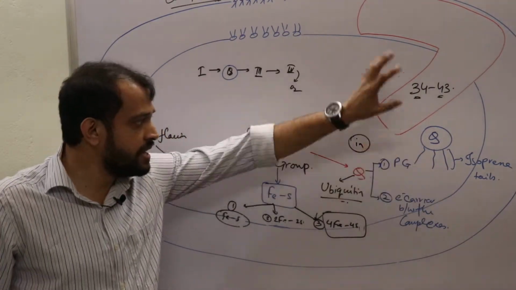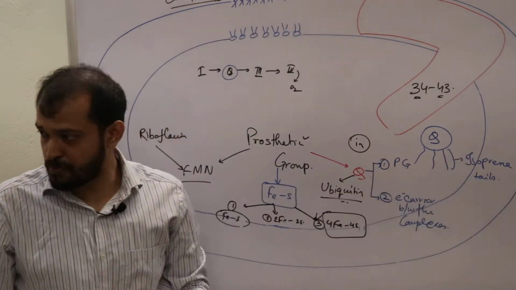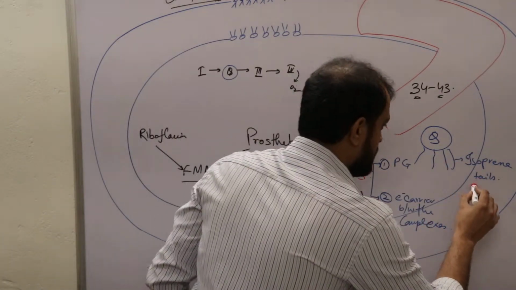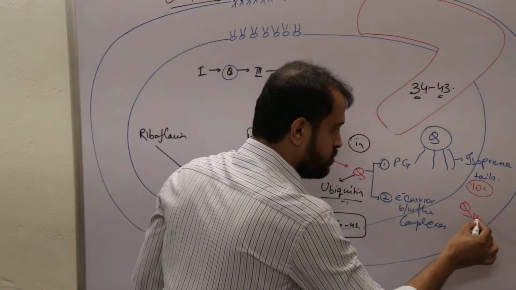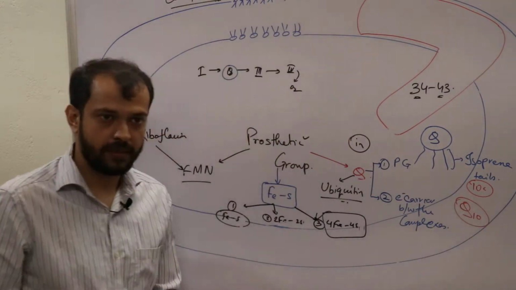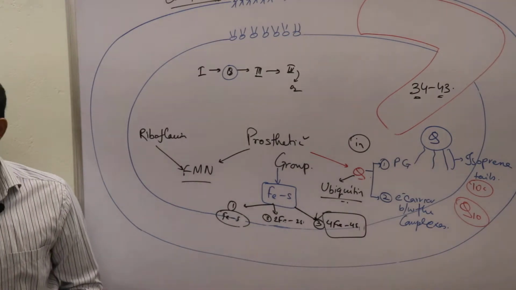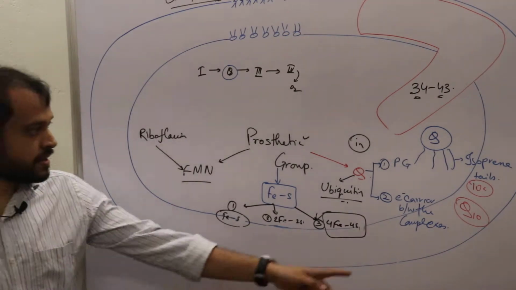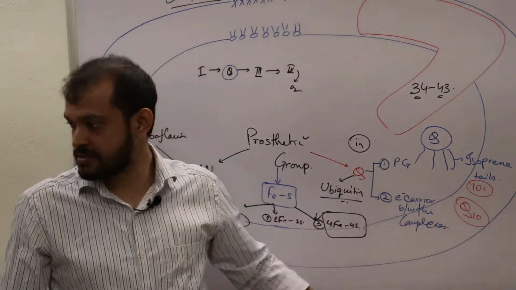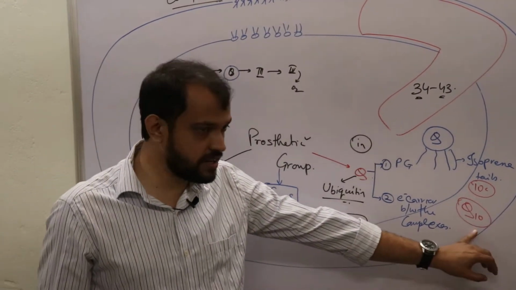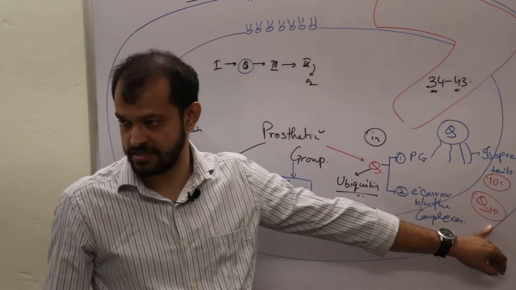Now listen, if this isoprene tail has 10 units, then it is called Q10. Now listen with all your attention. Decrease in Q10 level is a very good indicator of heart disease.